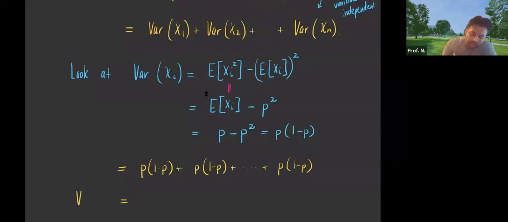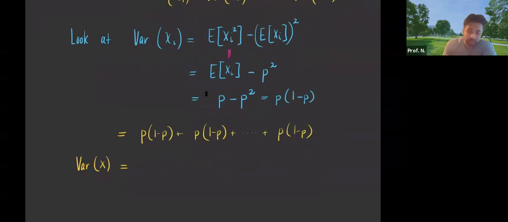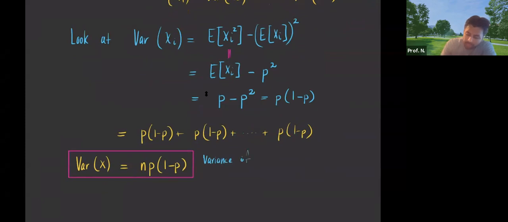So the variance of x, a binomial random variable, would be n times P times 1 minus P. So this is the variance of a binomial random variable.